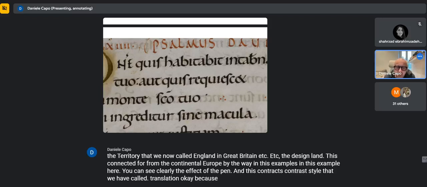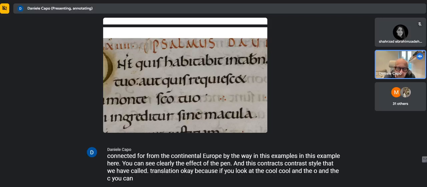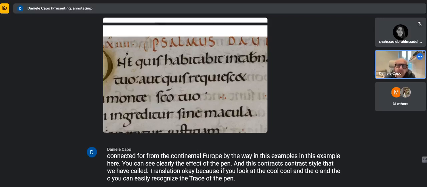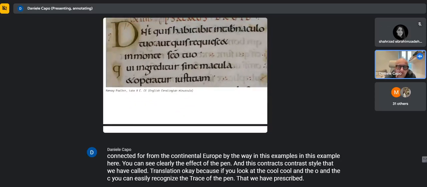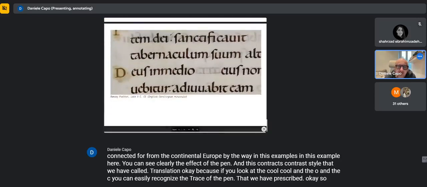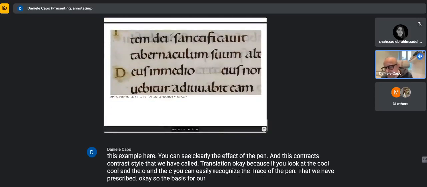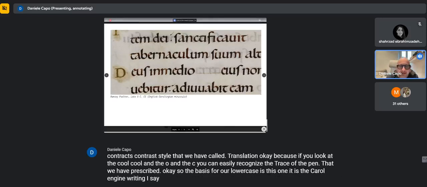Okay, because if you look at the Q and the O and the C, you can easily recognize the trace of the pen that we have described. Okay, so the basis for our lowercase is this one. It is the Carolingian writing.